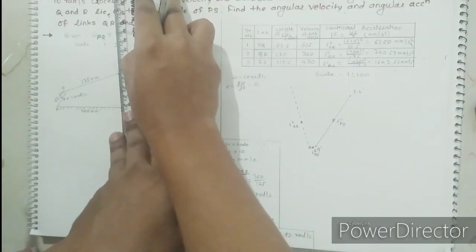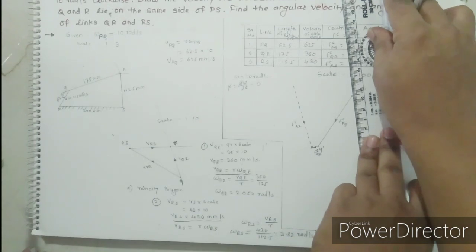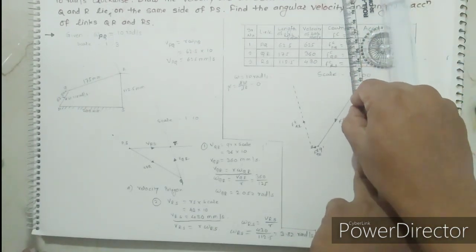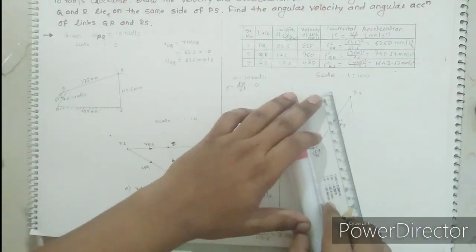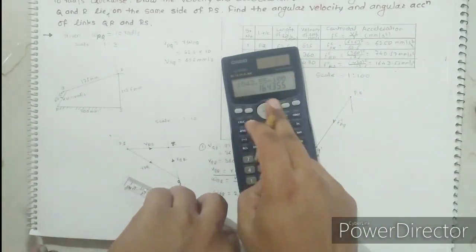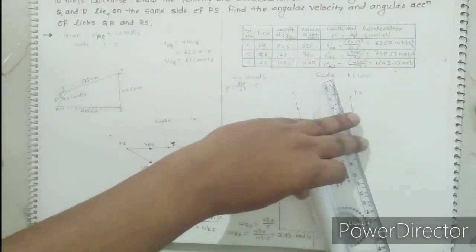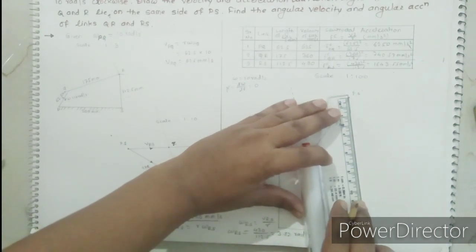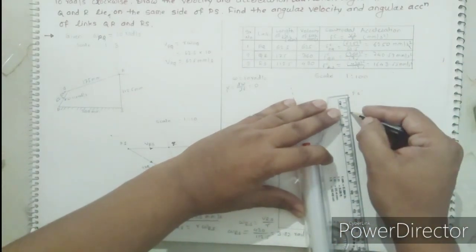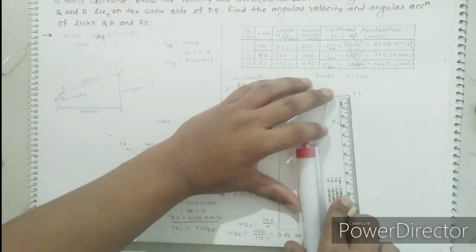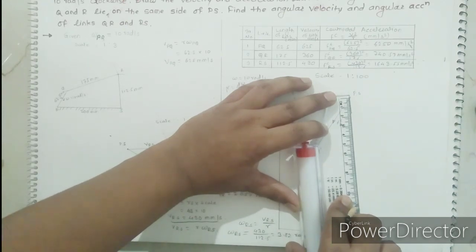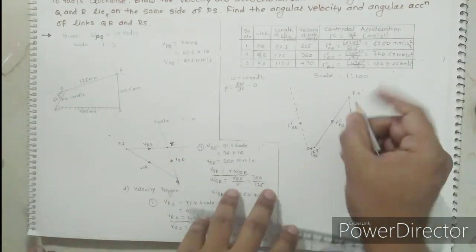So draw a parallel line going down, with length 1.64, so mark at 1.6 centimeter.